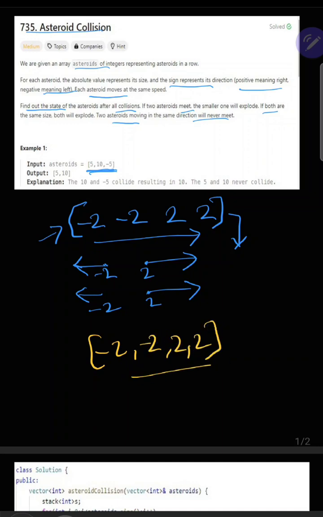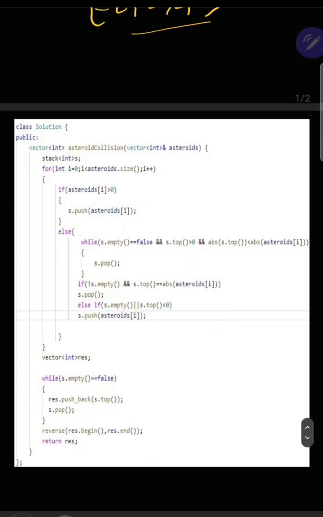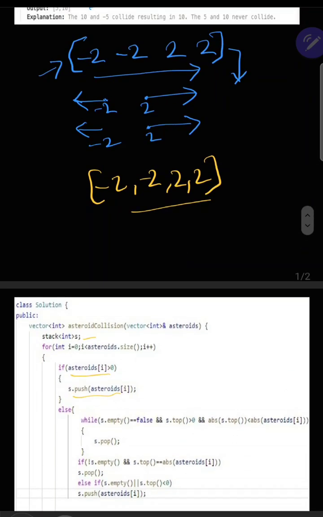So how will we tackle this problem? We will use the stack data structure in this problem. We have a stack, and whenever a positive number is coming, positive magnitude is coming, we will simply push that, because the collision will only happen when the stack top is greater than 0 and the upcoming is less than 0.